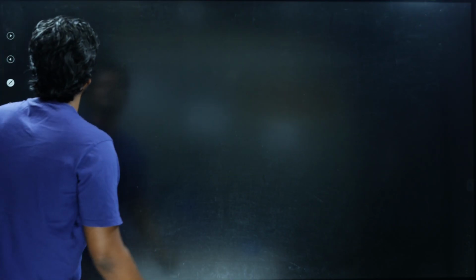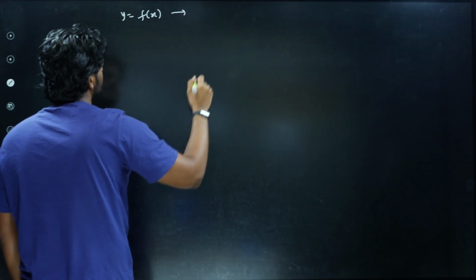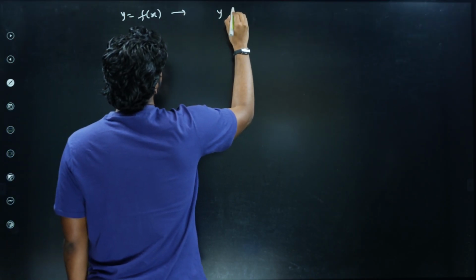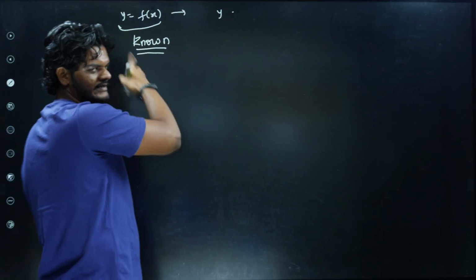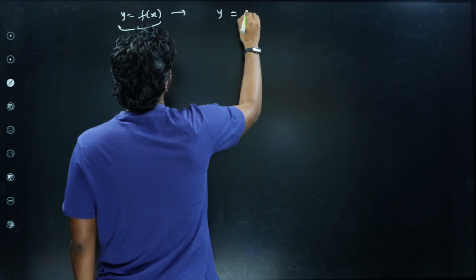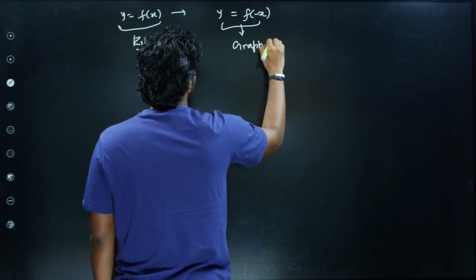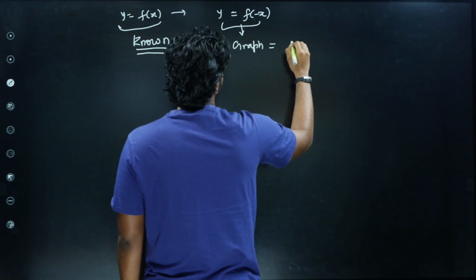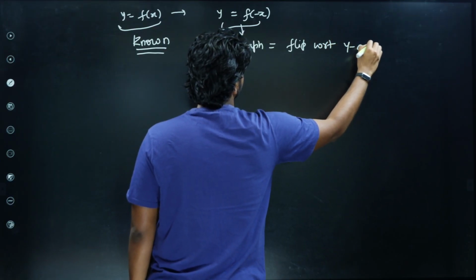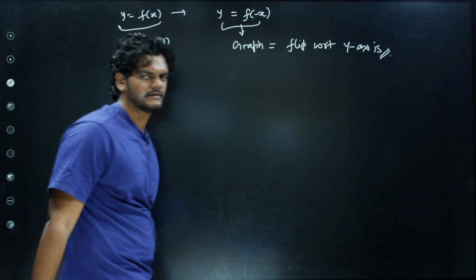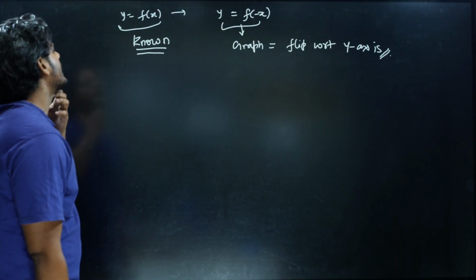This is actually a very important lesson: if the graph of y equal to f of x is known, then the graph of y equal to f of minus x is a flip with respect to the y-axis. That's it.